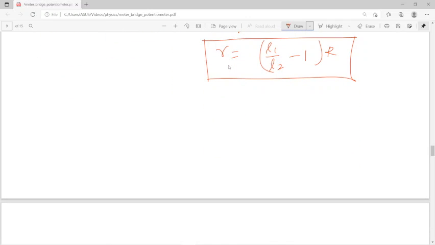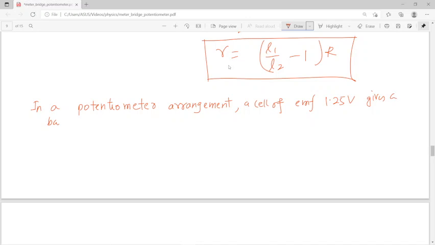Say, in a potentiometer arrangement, a cell of EMF 1.25 volt gives a balance point at 30.0 centimeter length of the wire.